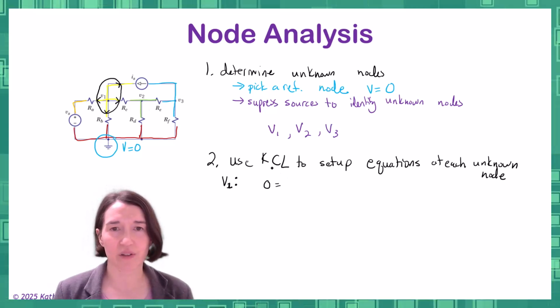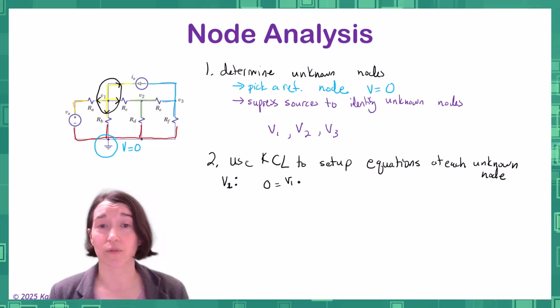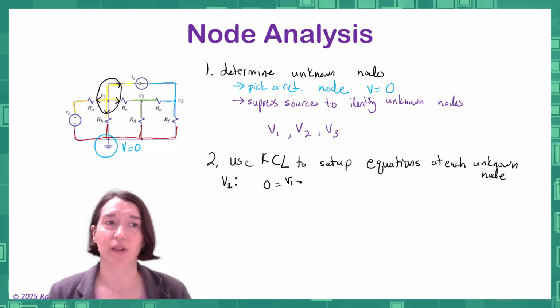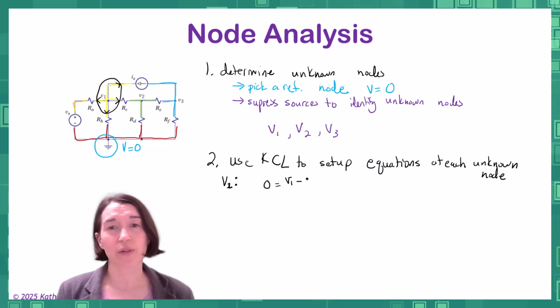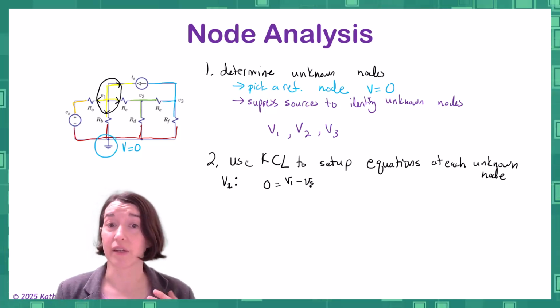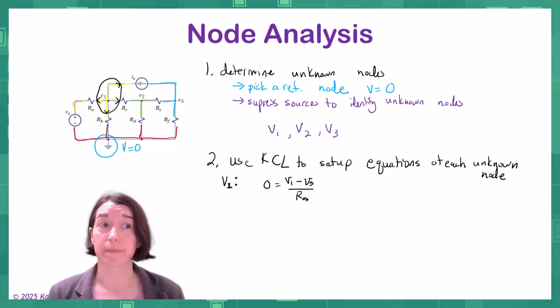What we do is have the value we're trying to find. We use Ohm's law. So V1 minus the other side. We happen to know that it's already Vs, so we can just use Vs here. And Vs is a given value, so we already know that value. And then we divide that by Ra. And so that's the current, because we just use Ohm's law.